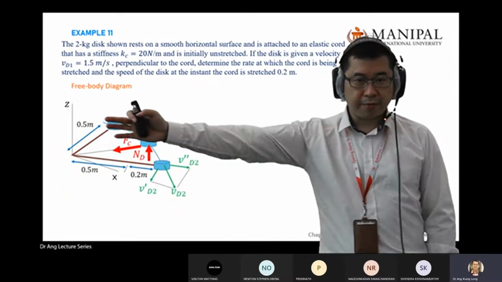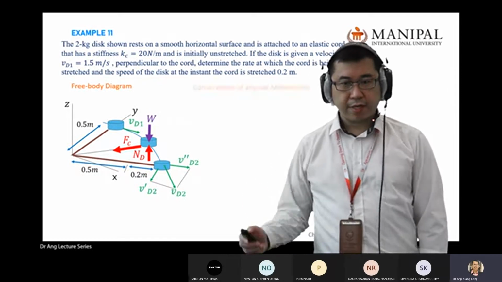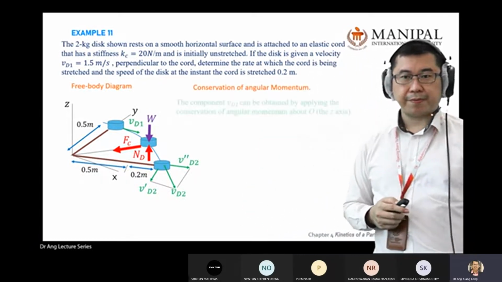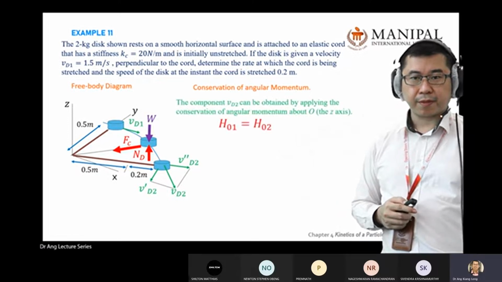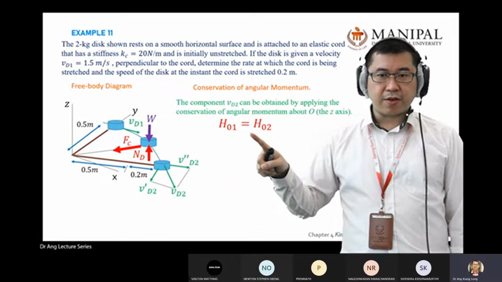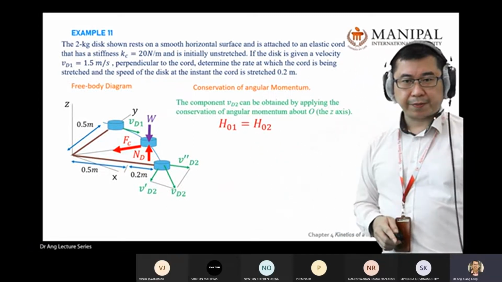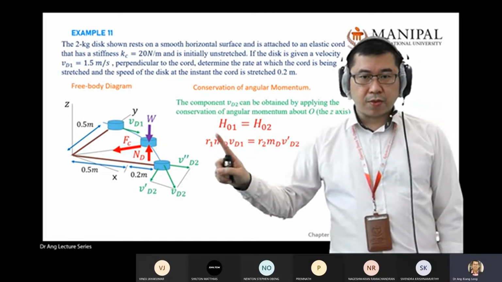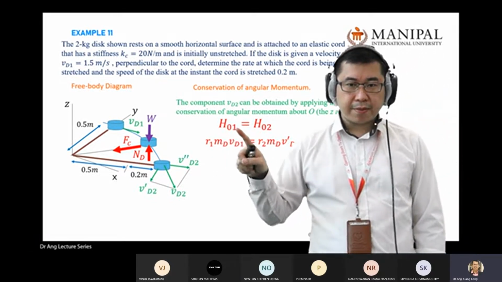Okay, I put this free body diagram on the right, and I start applying the conservation of angular momentum. So angular momentum before equals angular momentum after. What is angular momentum?